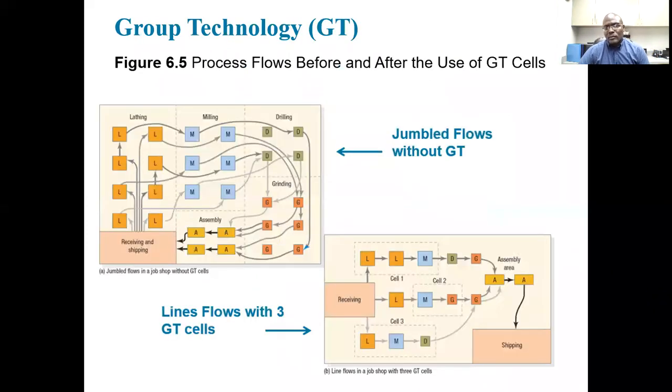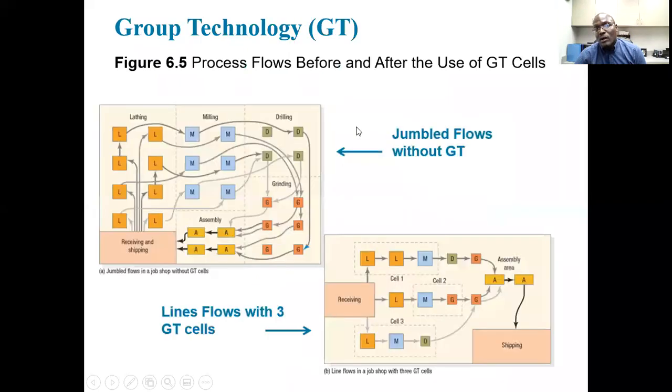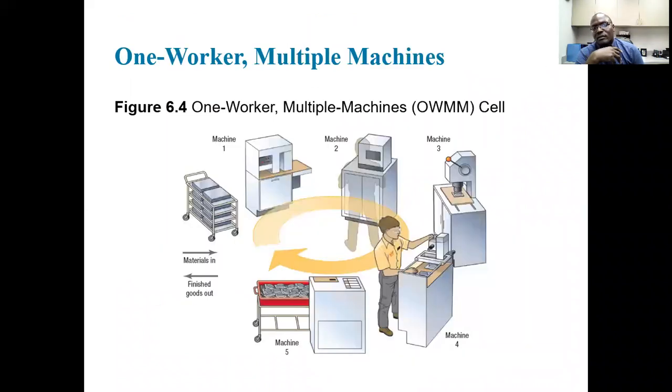Okay, so these are the different things that an industrial engineer could do to ensure that the amount of motion and the amount of transportation is reduced. Group Technology takes what we have here, but now focuses on what are the different process flows, okay? Especially for a much larger process, instead of just one workstation, one employee.